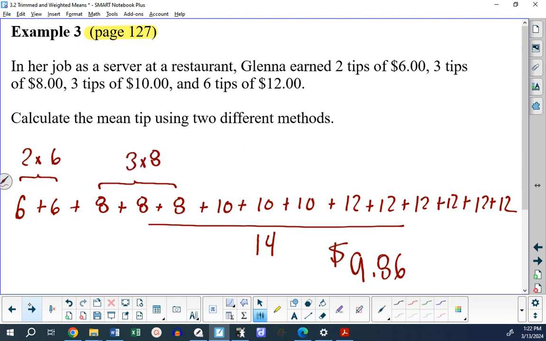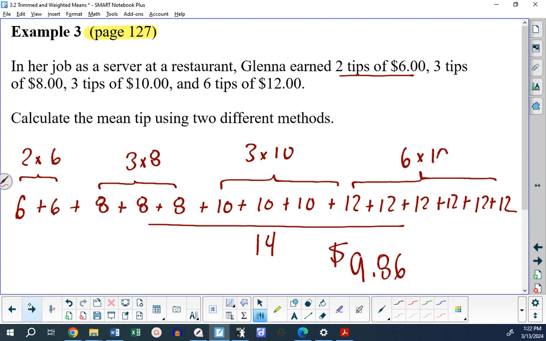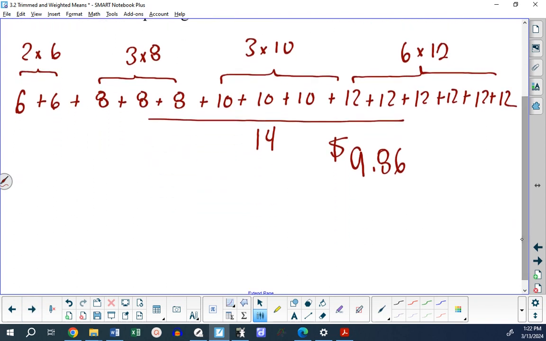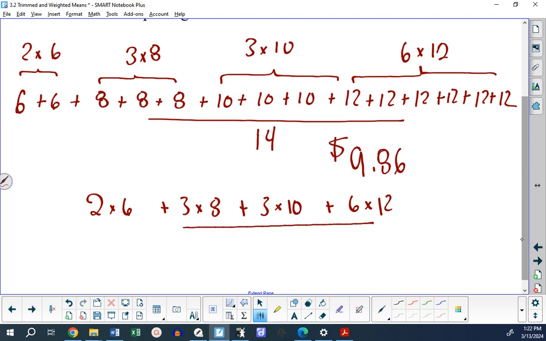And once you read the question and understand this, it's pretty easy. 2 times 6, 3 times 8, 3 times 10, 6 times 12. We could have written 2 times 6 plus 3 times 8 plus 3 times 10 plus 6 times 12 and divided that by 14.